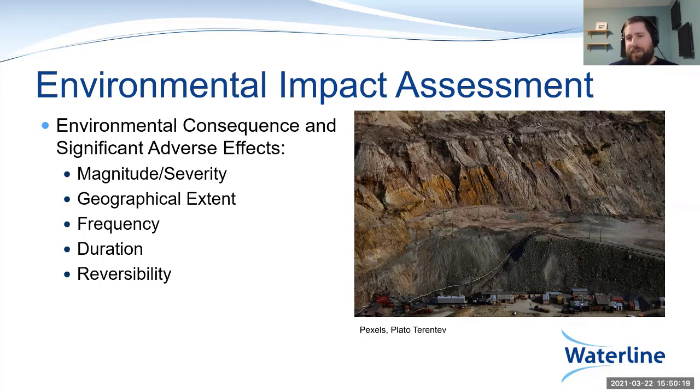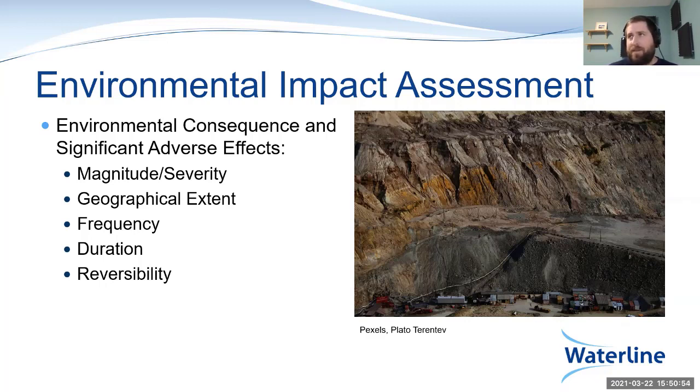And then the duration of the effect is generally long lasting, because the effect lasts well into the closure period. And the reversibility is either reversible or it's not. Some things, like some of the physical and chemical properties, would be reversible. Biodiversity, debatable whether it's reversible or not. We don't have much to go on to determine that, and that's one of the reasons why I think in the future it is important to understand that from an impact assessment point of view.